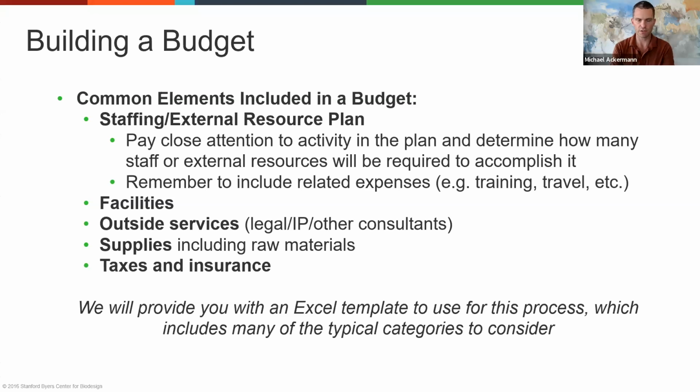And I touched on a lot of this. Some of the things that are there, it's the people, it's the external resources. Some things that are sometimes easy to forget, but we've got them laid out in the template for you. Facilities, you're going to have to pay rent somewhere, or maybe you don't if you're creative. Legal, IP, and other consultants, those things can add up quickly.